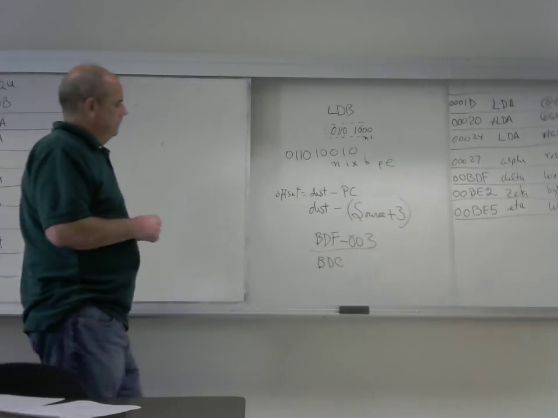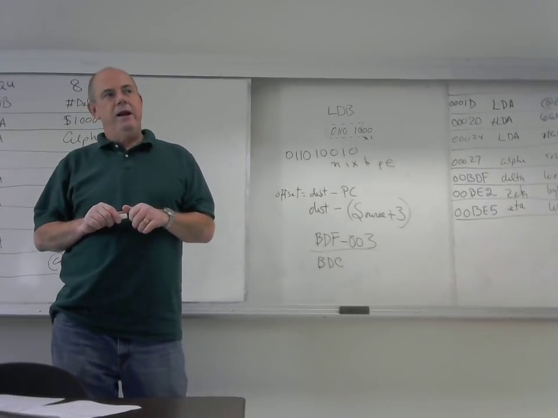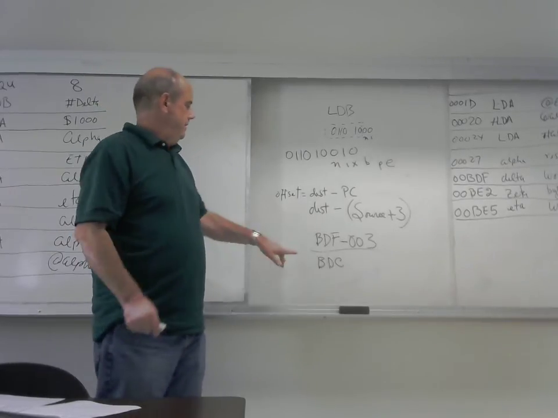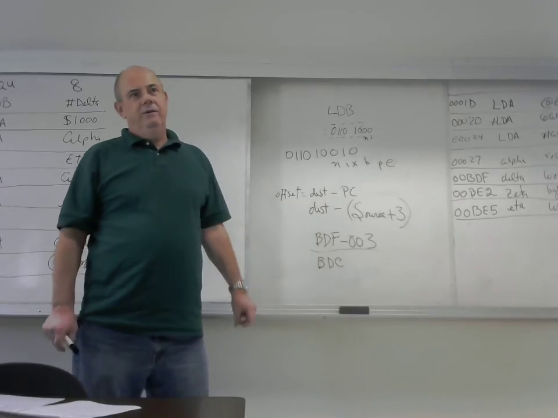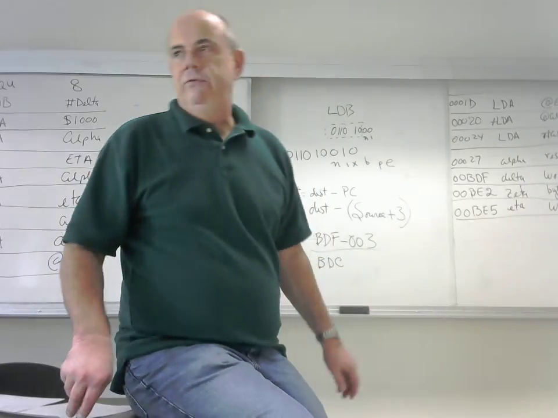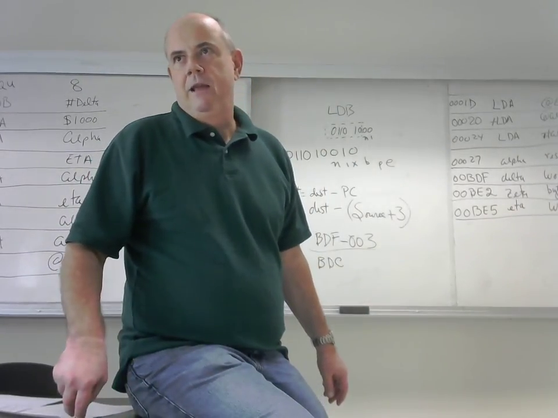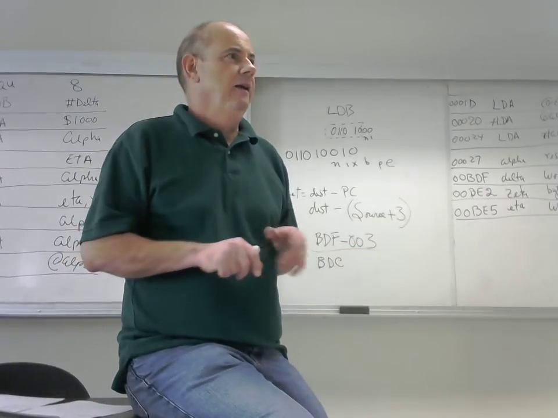It's 2's complement, because you can have backwards memory references. You have branches where you need to go backwards. Okay, so this is a backward branch, but we can't go backwards. Uh-oh. What's the problem? The displacement is too big to fit in a 12-bit displacement. Does everybody see the problem?